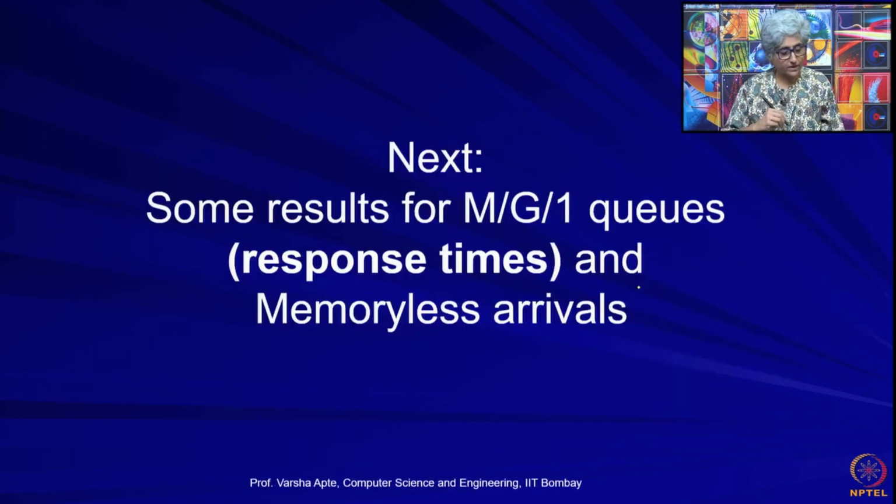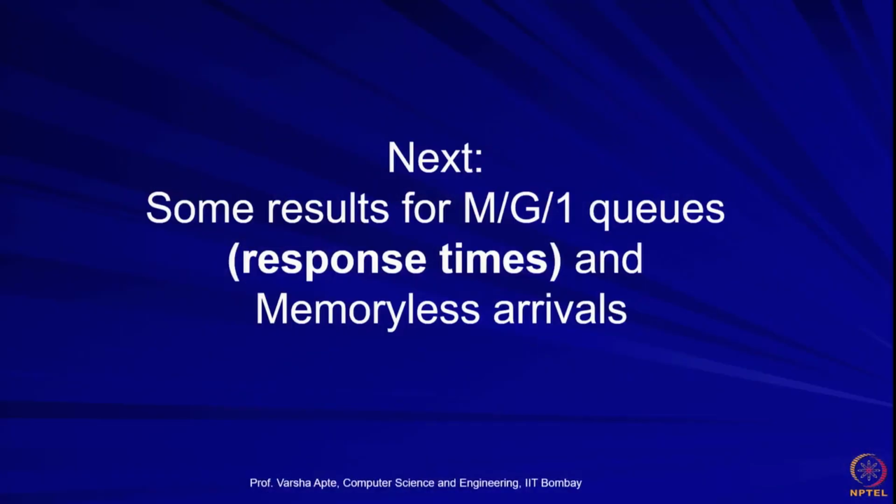That is what we will be doing in the next class. We will look at results for M/G/1 queues, where we can actually calculate the response time, and also some properties of memoryless arrivals. Then we will come back to this case study and see whether we can compare the theoretical response time with the measured response time.